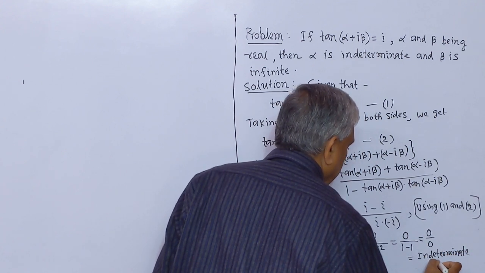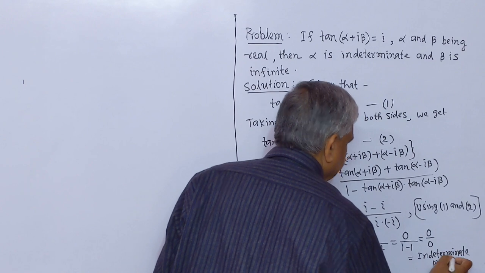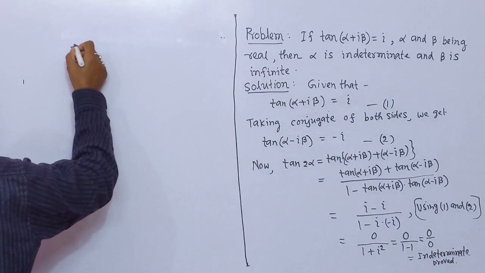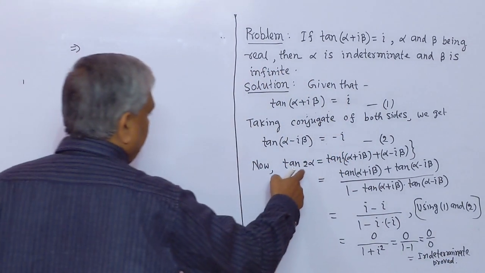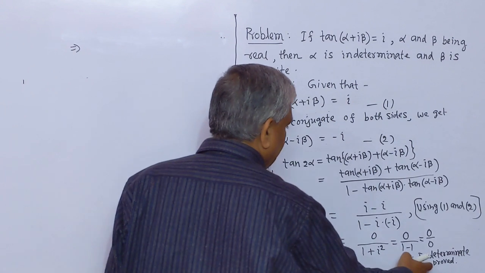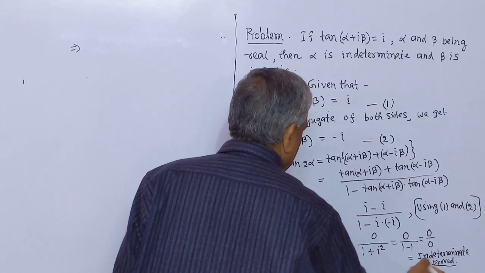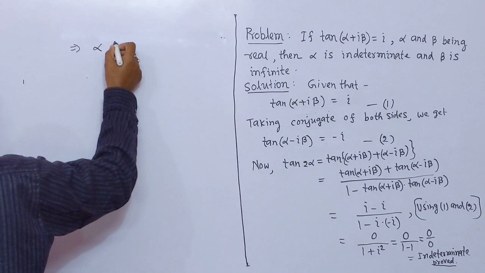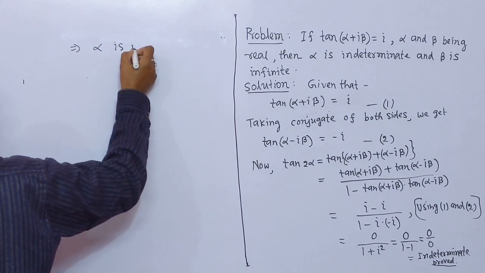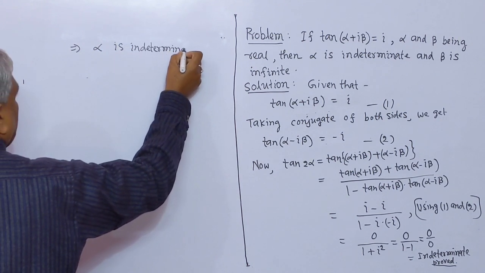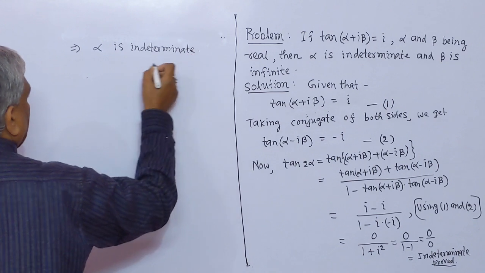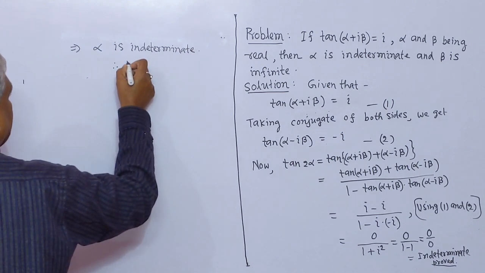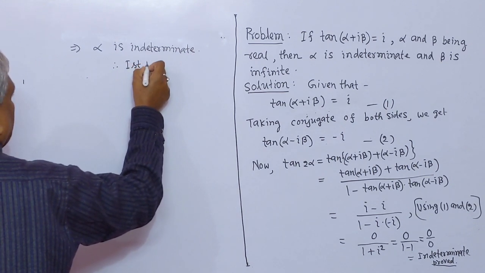Proved. This implies that tan 2α is indeterminate, then α is indeterminate. Therefore, the first part is proved.